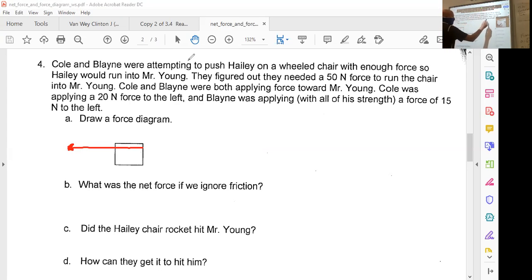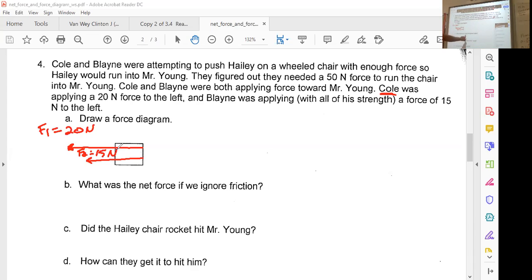Cole, because he's the first person that applied a force, gets the label F1. Blaine was trying as hard as he could, and he was applying 15 newtons to the left. That's a separate force. I hope that's readable on your screen. F2 equals 15 newtons. Okay.